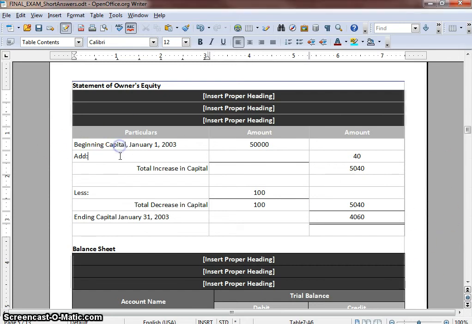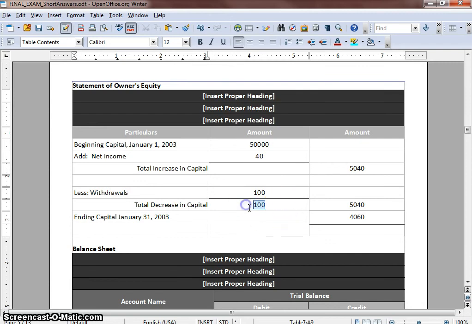So then we add in our net income, which was $40. So anything that we're adding, we want to put over here. And then once we add it is when we write it over here. So same with, we less our withdrawals here of $100.